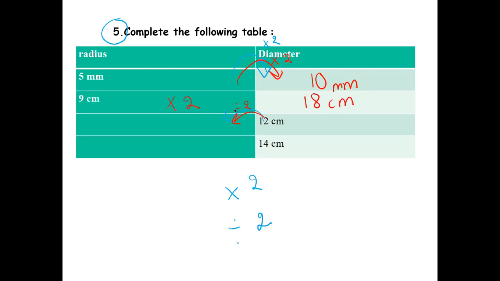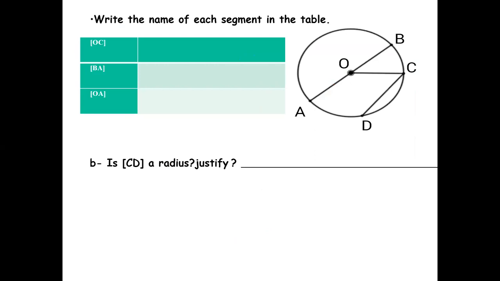Now the diameter is given, so we will divide. 12 divided by 2 and 14 divided by 2. Which number gives us 12? It's 6. Which number gives us 14? It's 7. So we either multiply or divide by 2.